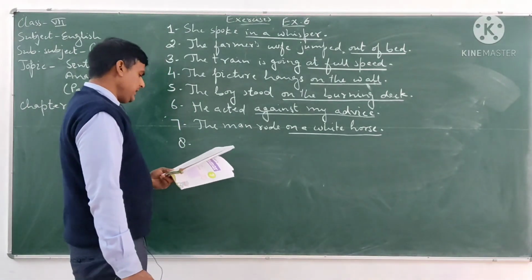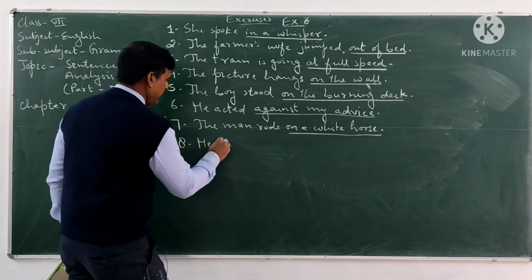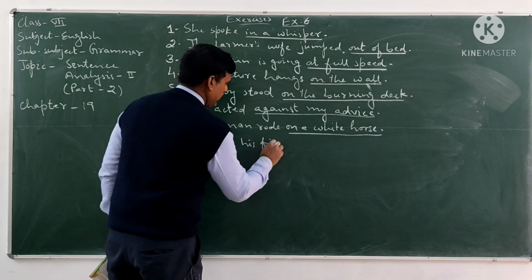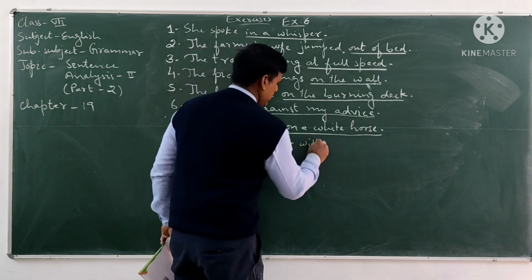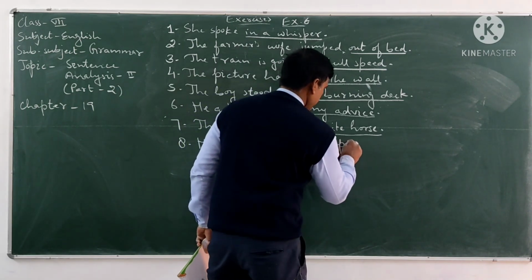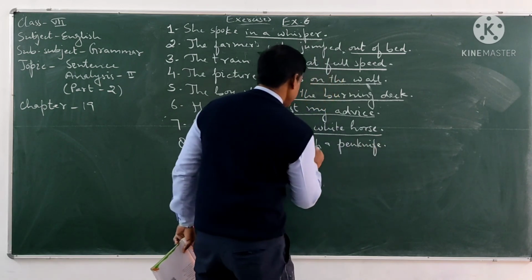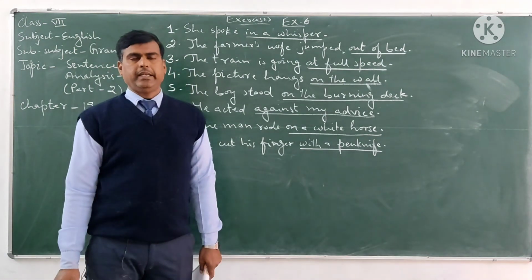Sentence number 8 is, he cut his finger with a penknife. In this sentence, with a penknife is the extension of predicate.